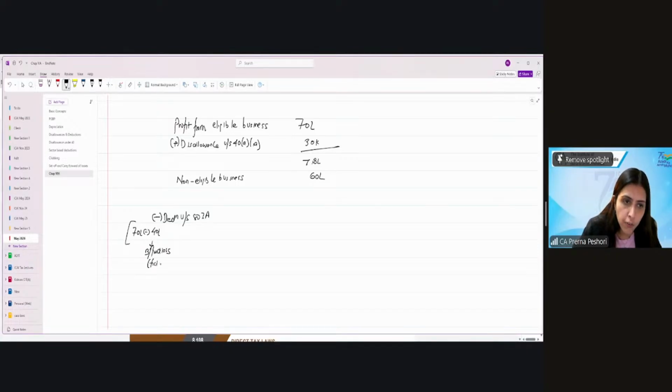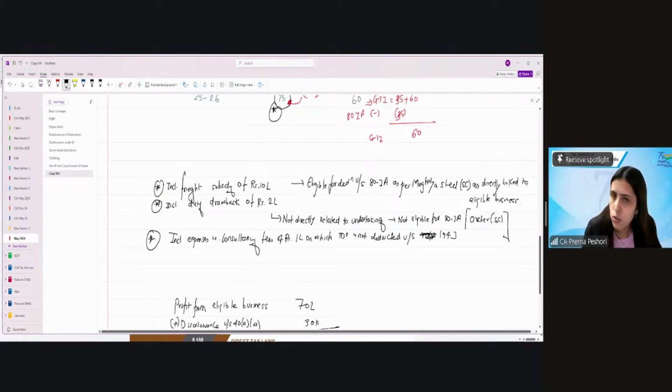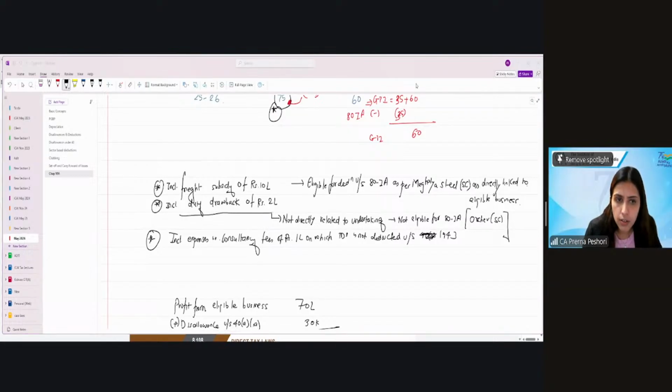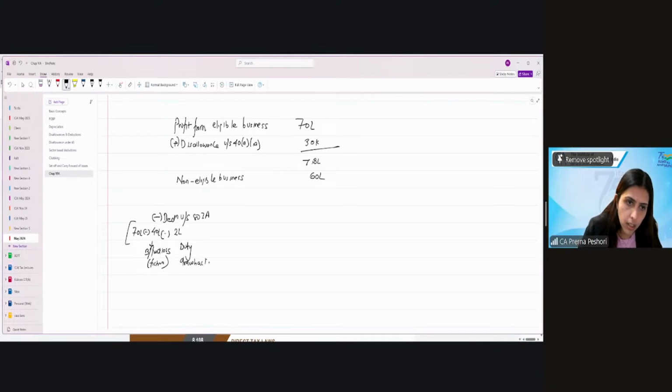Because of the fiction. Yes or no? Plus, I will consider the freight subsidy of 10 lakh. So I will not remove that. But I will remove this duty drawback of 2 lakh. Right? I will remove the duty drawback of 2 lakh. Yes or no? Yes. Right? So this 2 lakh duty drawback, because this is not eligible.